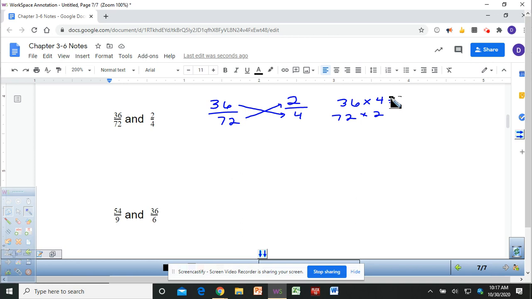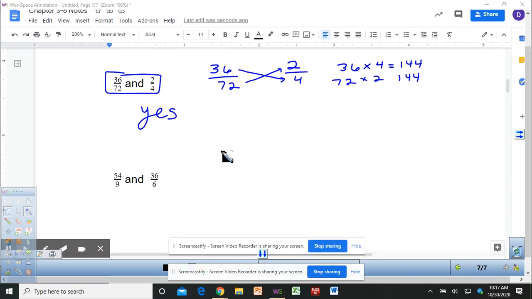And when I do that, I get 144 here, and I get 144 here. So you notice they have the same answer. That is what we want. So when they're asking, are these two fractions proportional to each other, your answer would be yes.